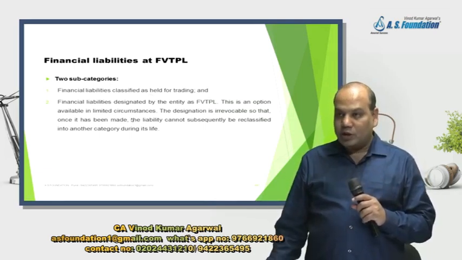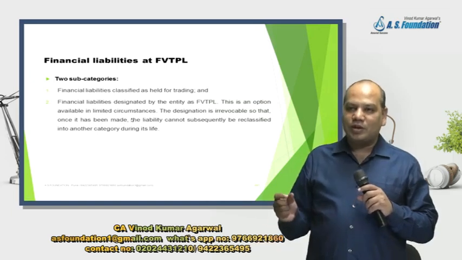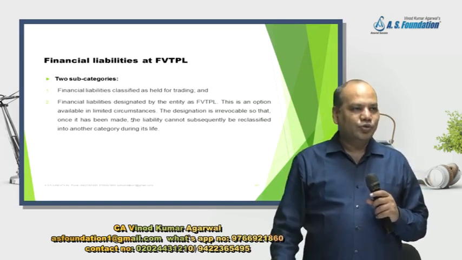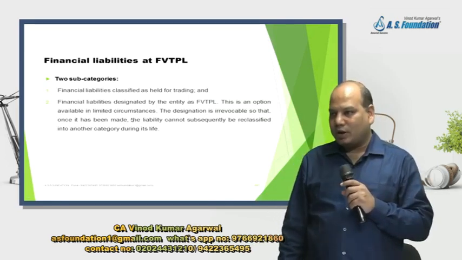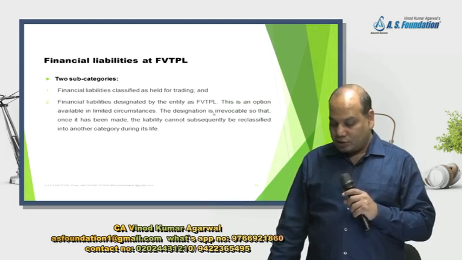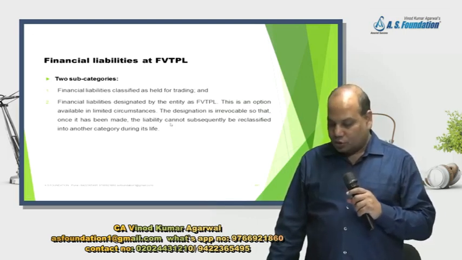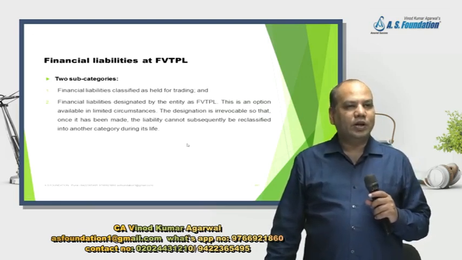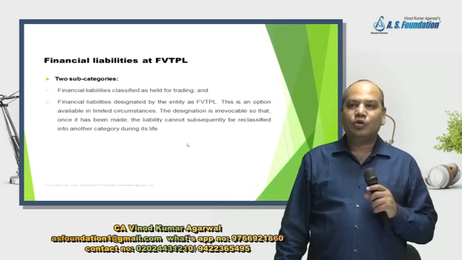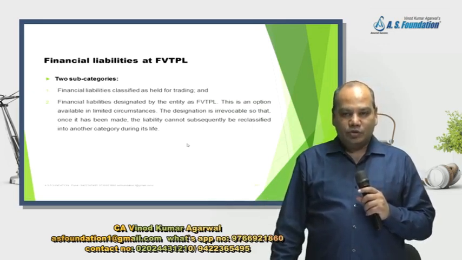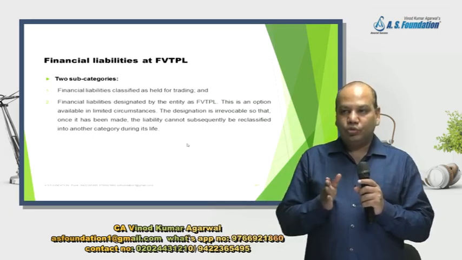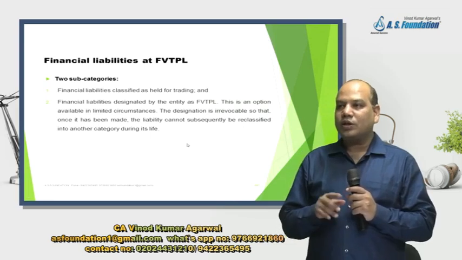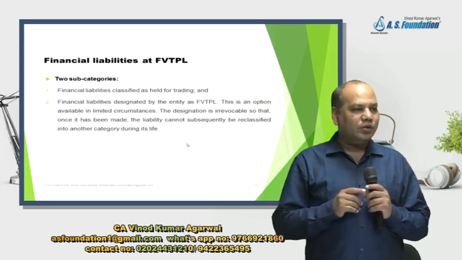Even though it may meet the definition of amortized cost category, management on its own voluntarily can choose FVTPL category, but this designation is irrevocable. Normally, when would they choose a debt instrument in FVTPL category which should have otherwise gone into amortized cost category? To ensure that there is no accounting mismatch, to ensure there is accounting consistency.